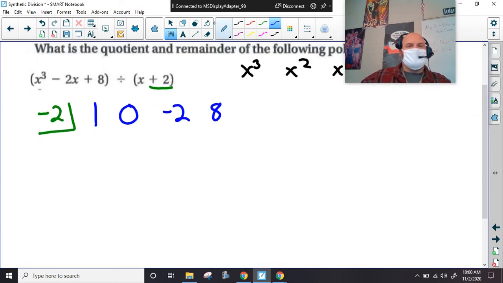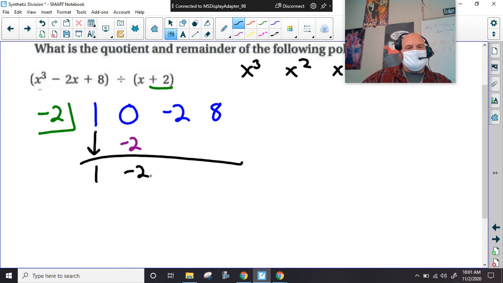Okay. So now we drop down the first one, so we get 1. All right. Then we're going to say negative 2 times 1 is negative 2. Okay. And 0 minus 2 is negative 2. All right.